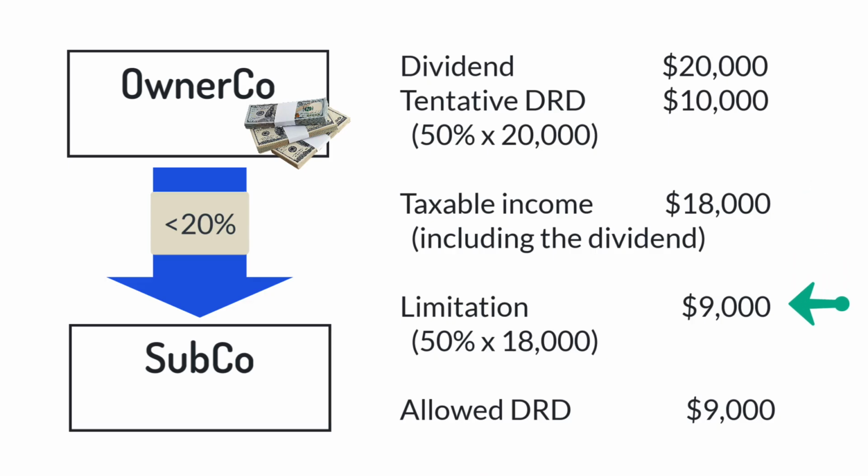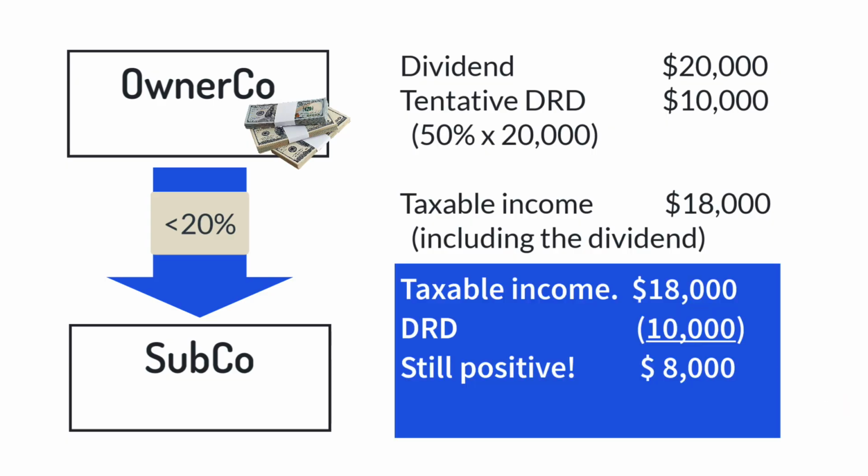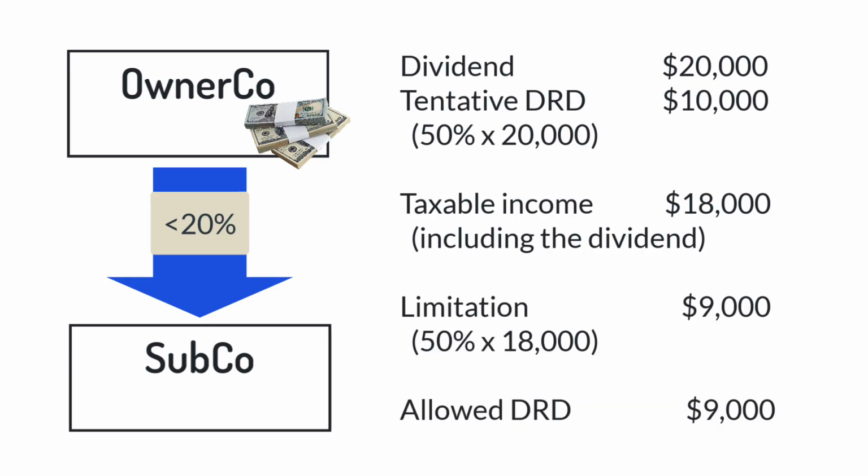The limitation is now lower than the tentative dividends received deduction, and only $9,000 is allowed as a dividends received deduction. Note that if we were to take the entire $10,000 dividends received deduction, we would still have $8,000 of taxable income. That's still positive, it's not a loss, so we can't ignore the limitation. We can only ignore the limitation if we have a loss or the dividends received deduction creates a loss.